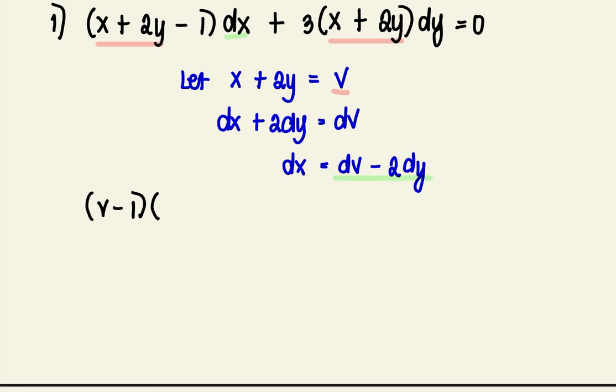Substituting that, you have to make sure that you enclose it in a parenthesis because there are two terms there: dv minus 2 dy, plus 3, and then our x plus 2y is again equal to v, dy equals 0.